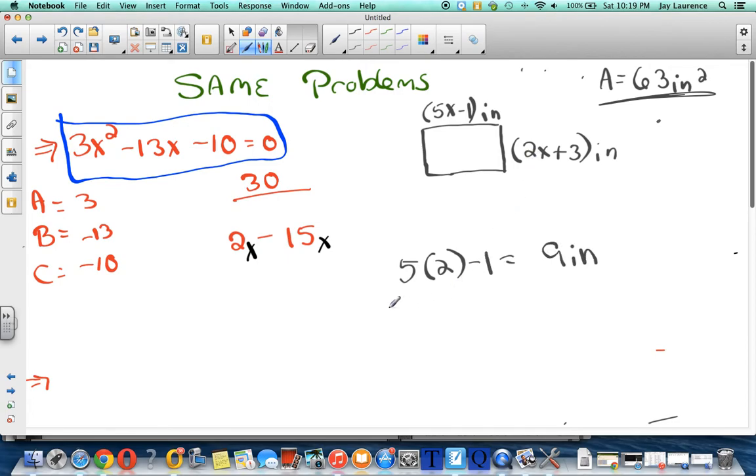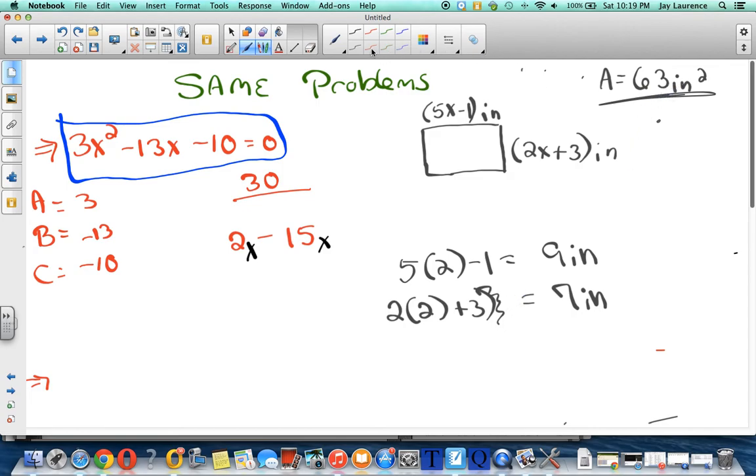The vertical side becomes 2 times 2 plus 3, which equals 7 inches. And so the length is 9 inches and the width is 7 inches. If I multiply 7 inches by 9 inches, I get 63 inches squared.